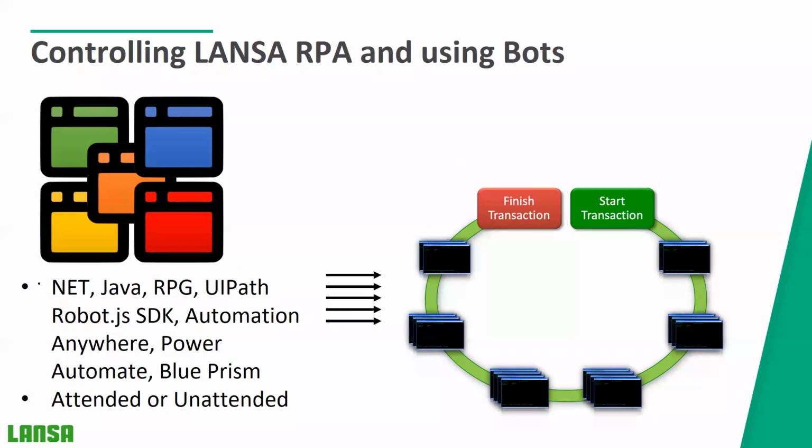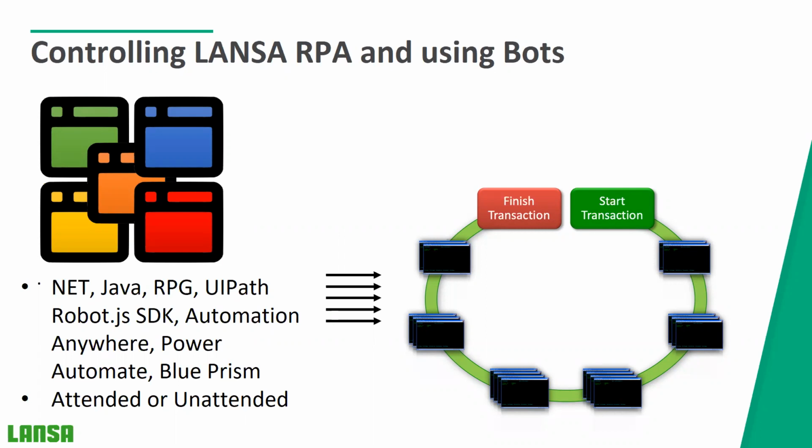Okay, so where do we fit in this RPA? There's lots of programming languages, so we could control the RPA from a .NET application or a Java application. We can also use RPA software, and in the industry they're fairly well established.